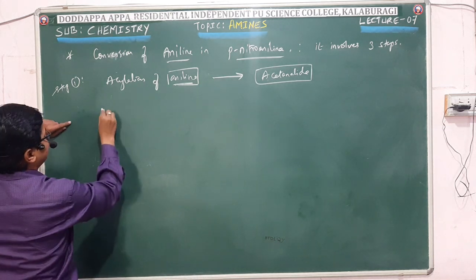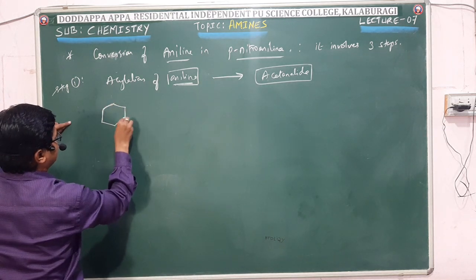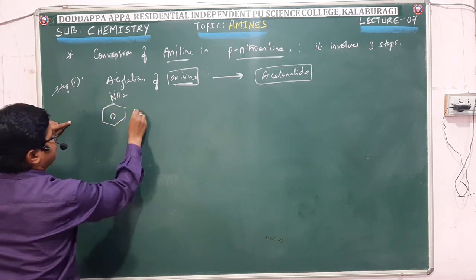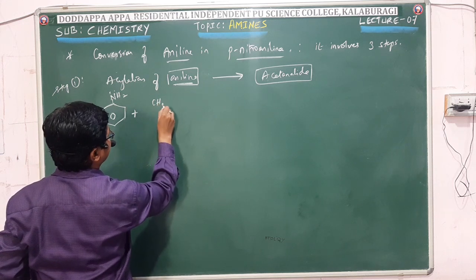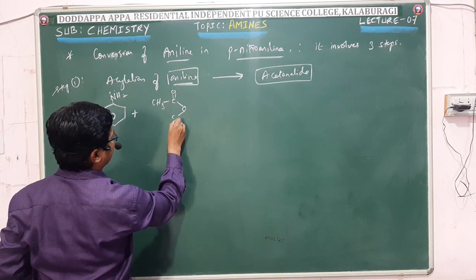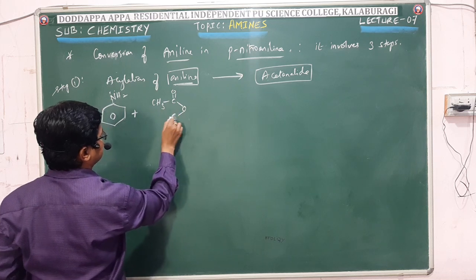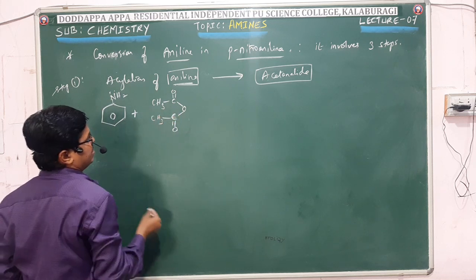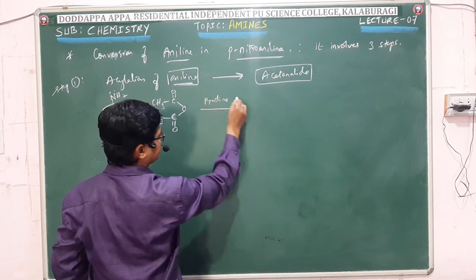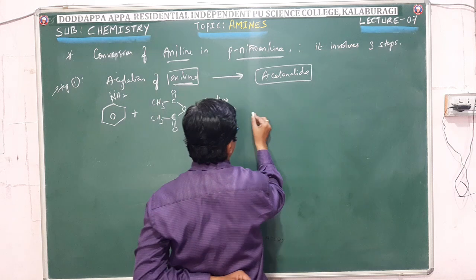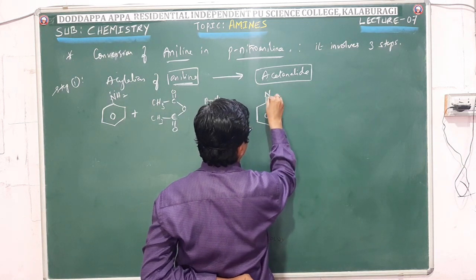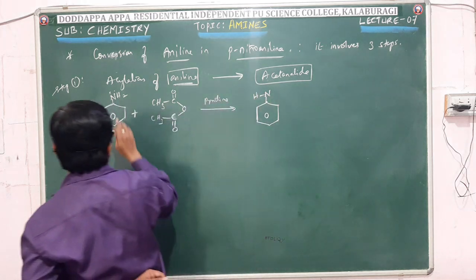Let me write here. When aniline is treated with acetic anhydride, in the presence of pyridine, it gives acetanilide. Here NH2 is there now.